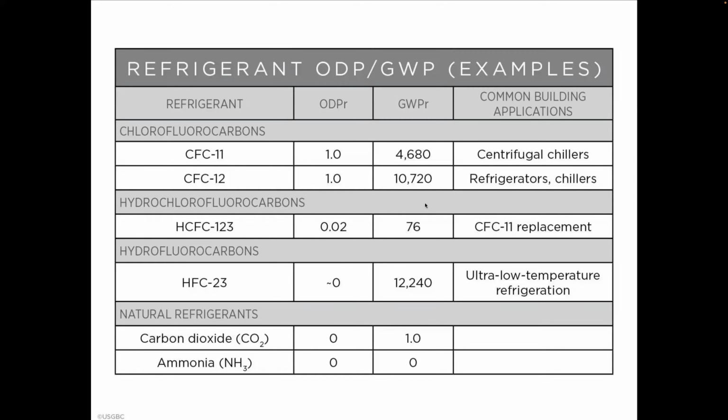Unfortunately, a lot of the time these replacements have global warming potential, so they're really strong greenhouse gases. So they're trying to move to natural refrigerants like carbon dioxide and ammonia, which have low ozone-depleting potential and low global warming potential. There are actually systems that purely use carbon dioxide as their refrigerant. So that's where we're going with that.